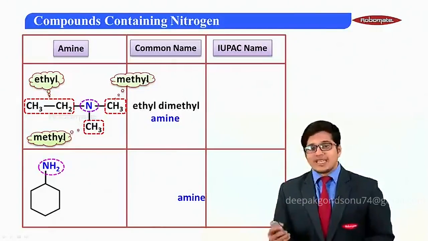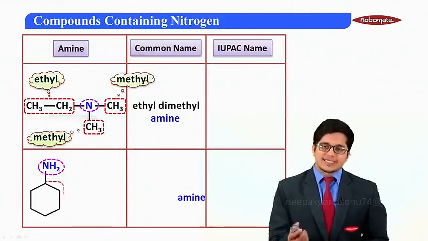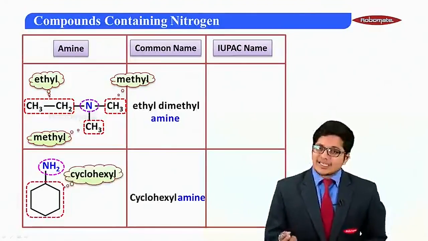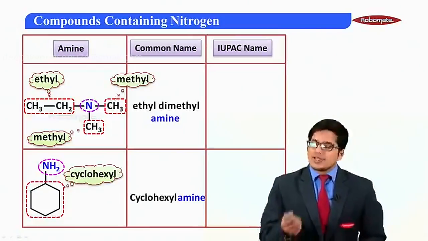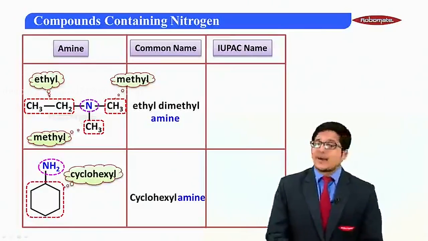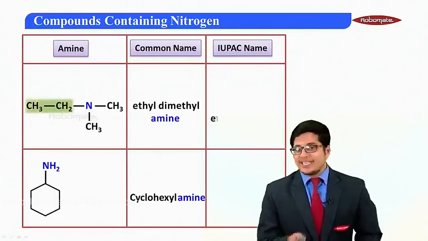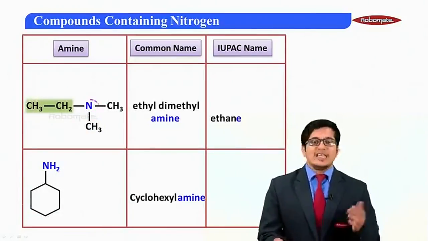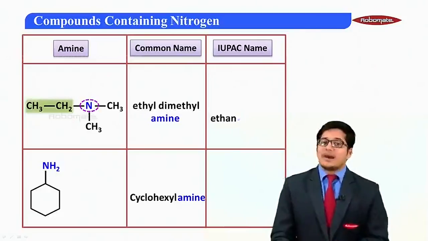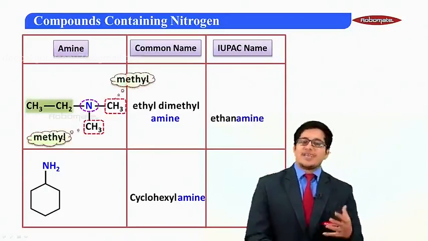Similarly, if we go on with the next, do you have an amino group? Yes. It is attached to what? It is attached to a cyclohexyl group. So the name would be cyclohexylamine. Now starting with the IUPAC name, longest chain ethyl, so it is ethane. E removed, amine added instead of that, you get ethanamine.